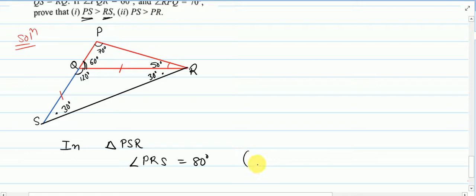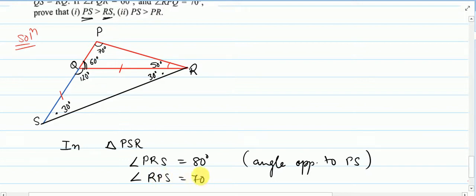Okay, this is angle opposite to PS. Okay, and then angle RPS is equal to 70 degree, and this is the angle opposite to RS.